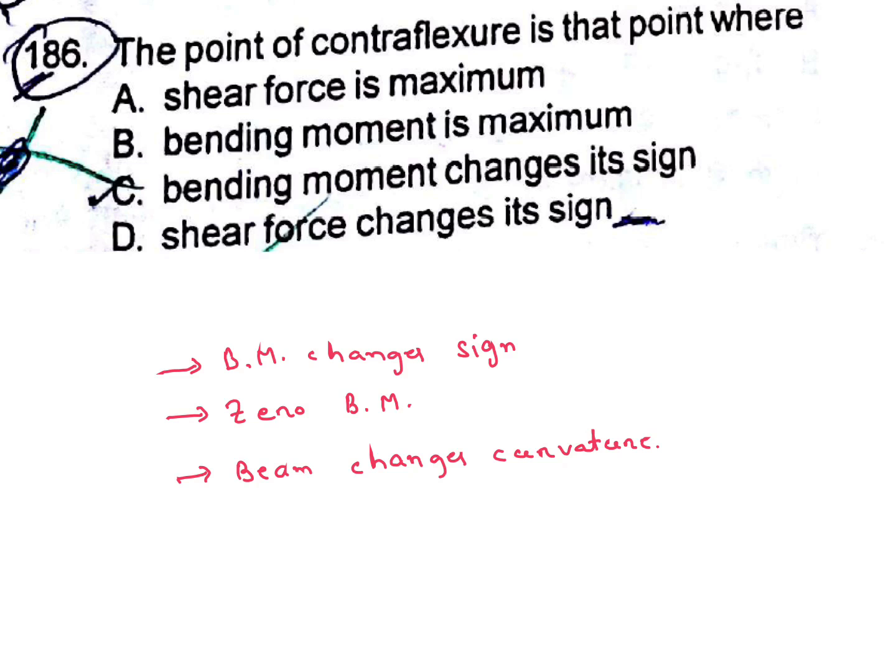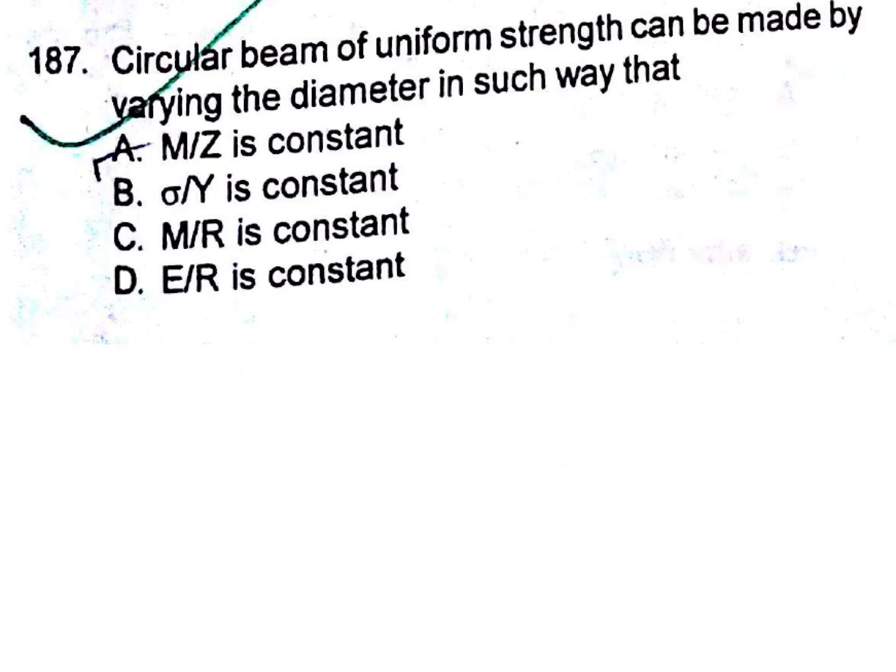These are also very important for Vizag Steel and for BEL. So here the point of contraflexure is that point where the bending moment changes sign. C is the answer. This question was already discussed in the objective mechanical engineering videos. The same question is repeating in various examinations.